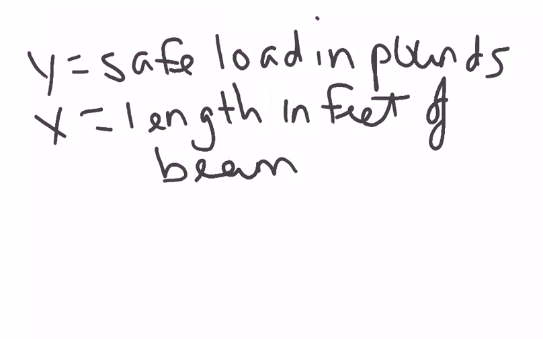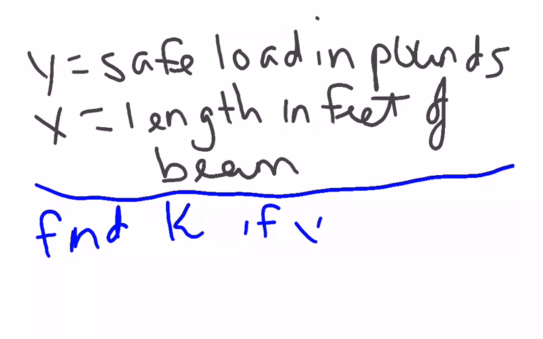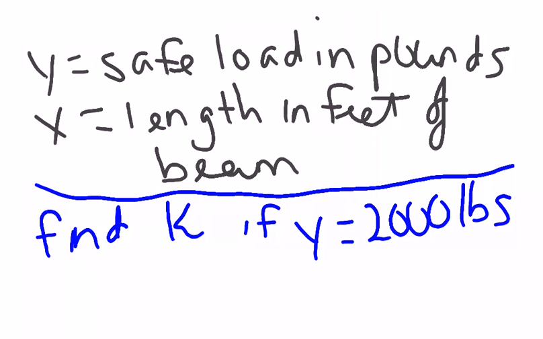So a couple things, then they'll give you some information about this scenario. They've defined those variables for you, which makes it much easier, but they might say determine the constant k if y is 2,000 pounds and x is 15 feet.